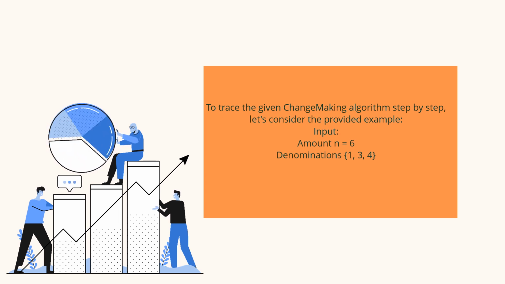That is not a better approach. If you take 3 rupees, then 3 plus 3 is equal to 6. That is, only using 2 coins you can make up the change. And if you take 4 rupees, 4 plus 1 is equal to 5, 4 plus 3 is equal to 7. It is not a better approach. So that is the problem, and we are supposed to find it out now.